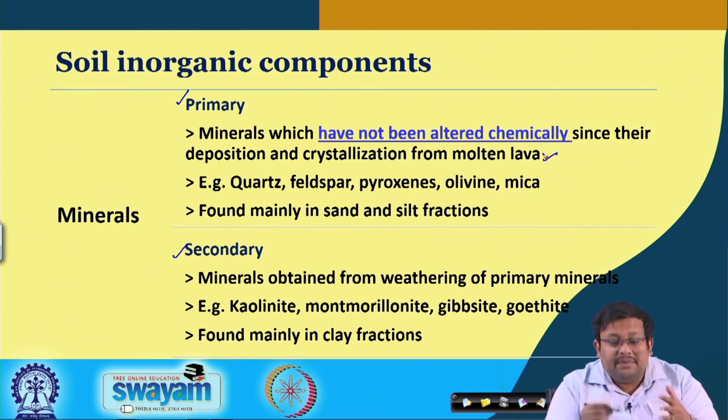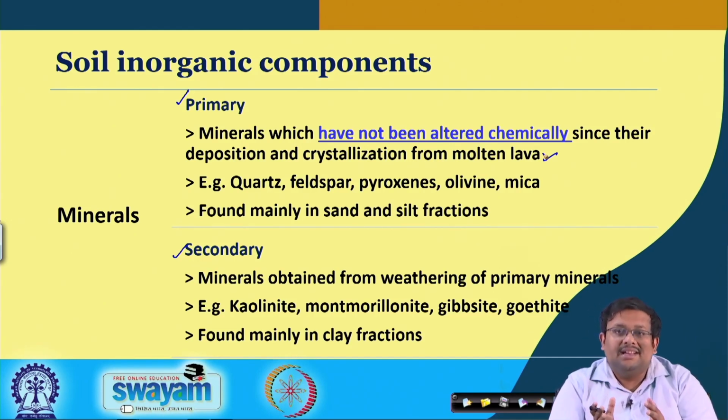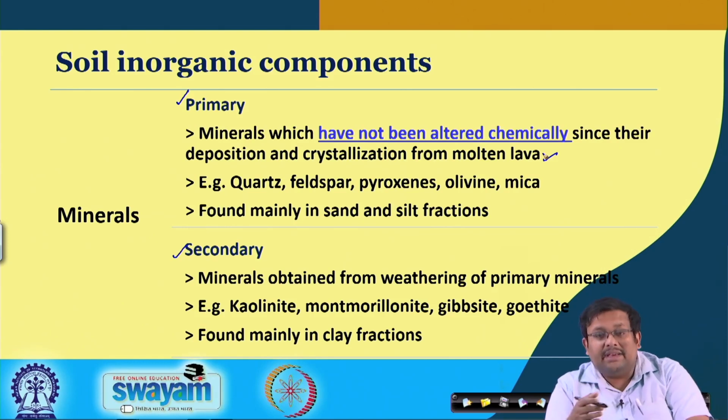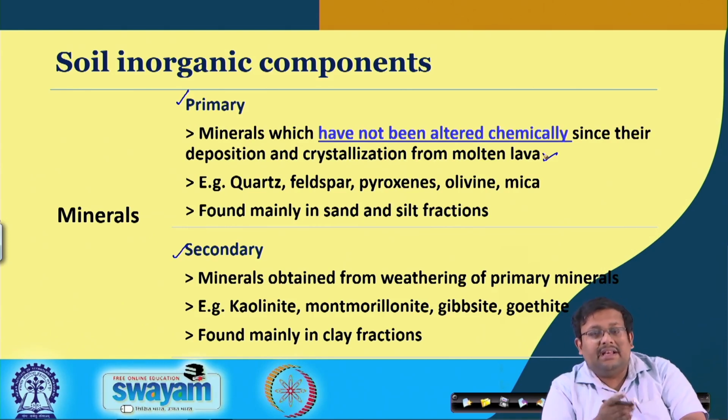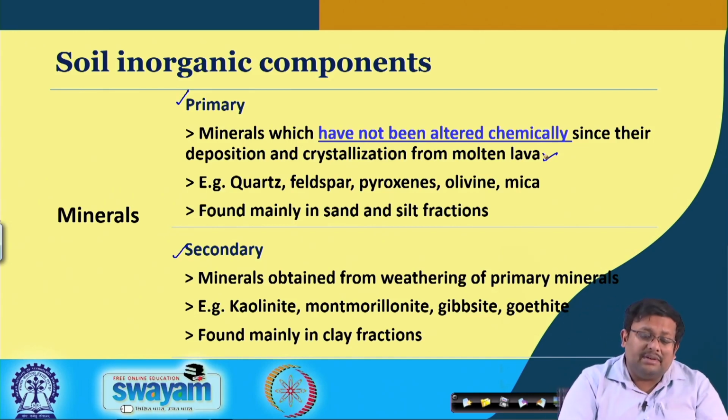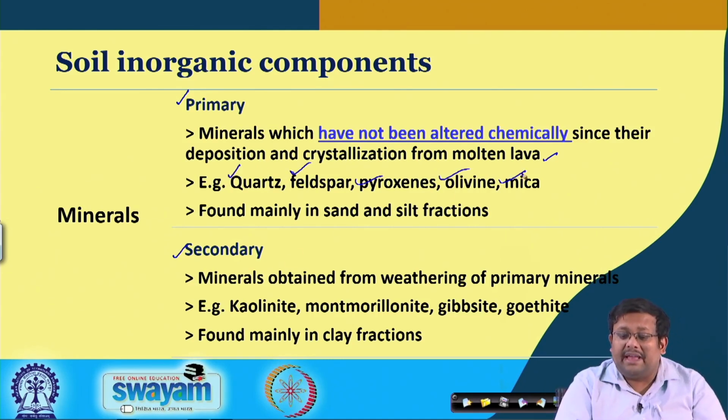So, these primary minerals are basically composing the rocks. When they do not change their chemical structure and retain their original chemical properties, then we call them primary minerals. For example, the most important primary minerals present in the earth crust are quartz, feldspars, pyroxenes, olivines, micas. So, these are very important primary minerals.